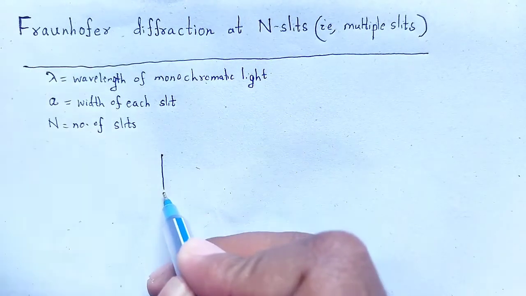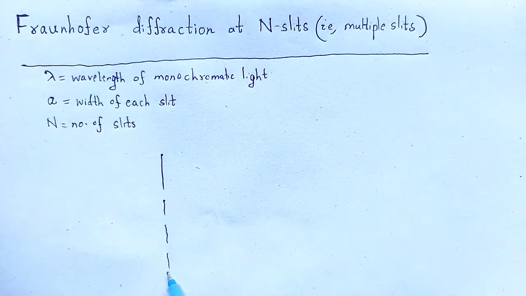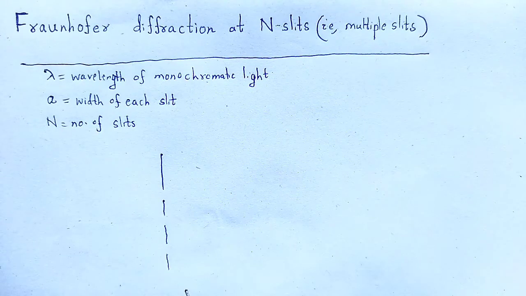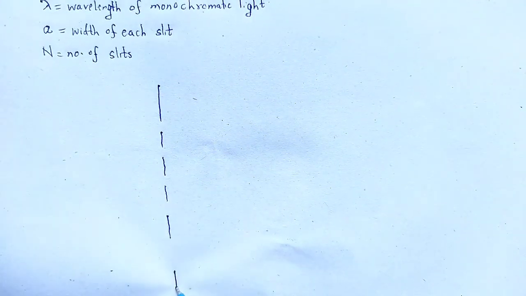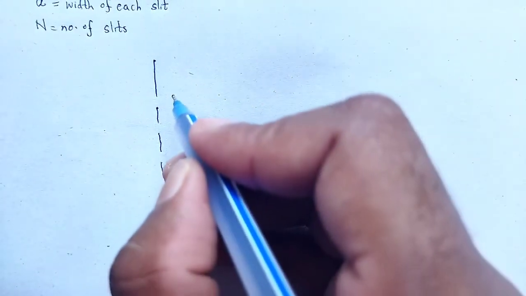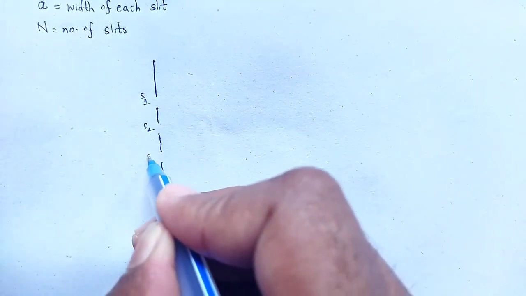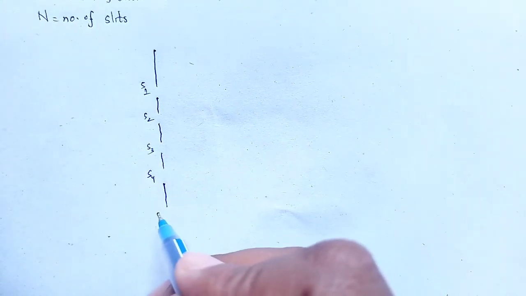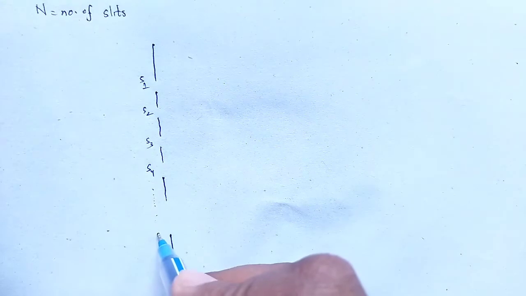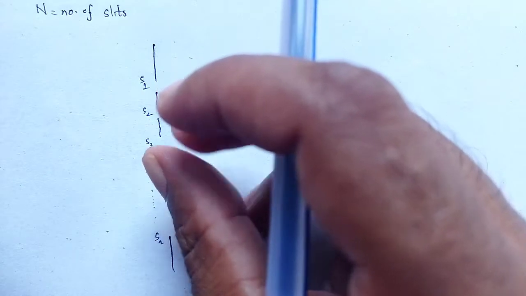The slits are named as S1, S2, S3, S4 up to Sn, n number of slits, each slit having the width a.